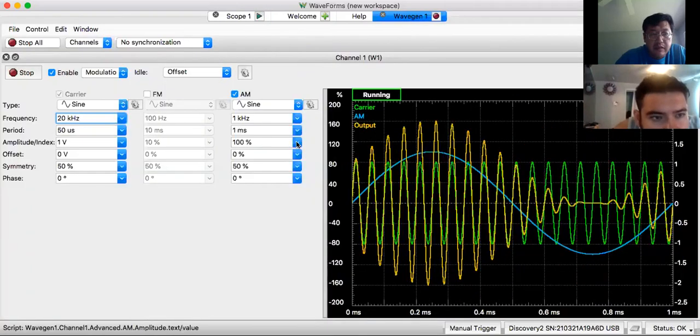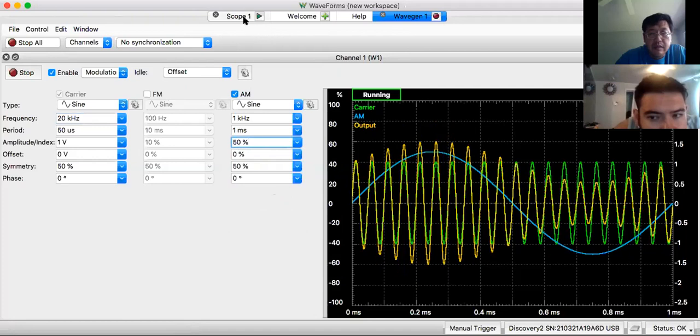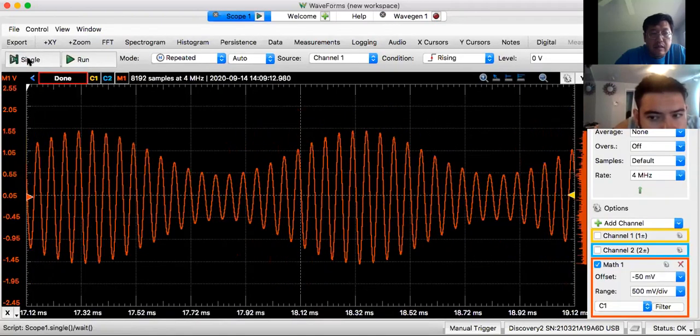So I change it to 50%. Now it's 50% modulation. So 1000 hertz sine modulates a 20,000 hertz sine.